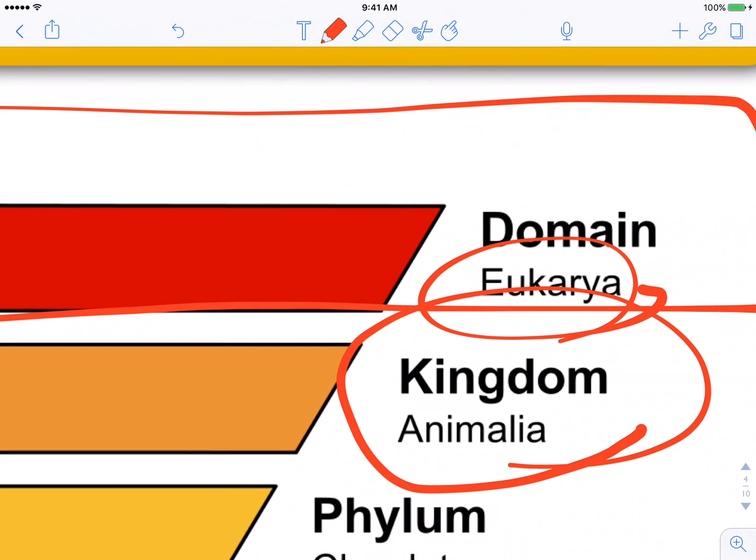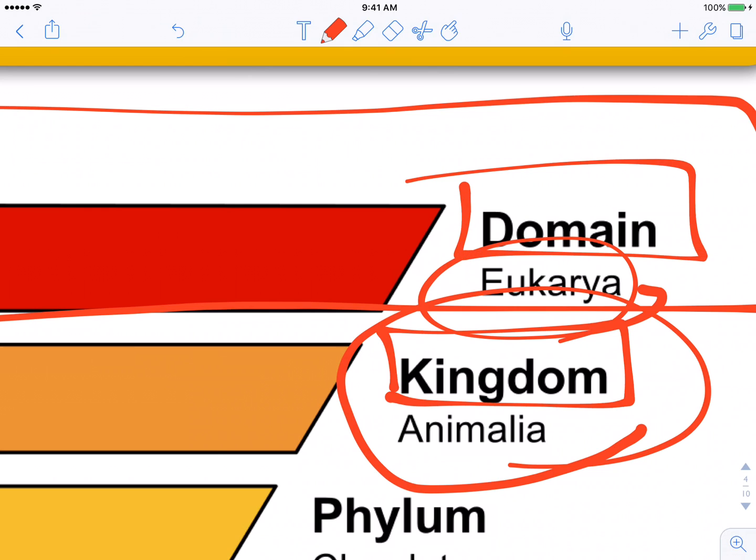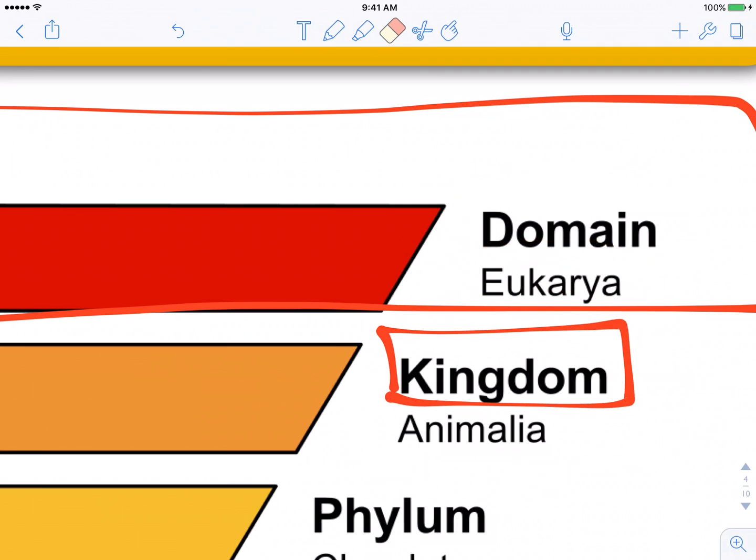What you're seeing here is the name of the level of classification. The domain, the kingdom, the phylum, those are all groups. And what we're seeing beneath them in the print, which I will highlight right here, is the name of a specific group. So this specific kingdom would be named Animalia.